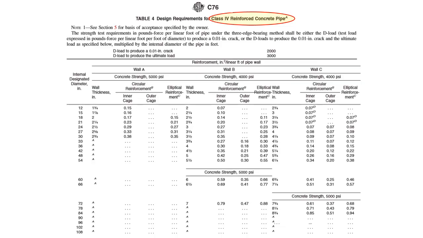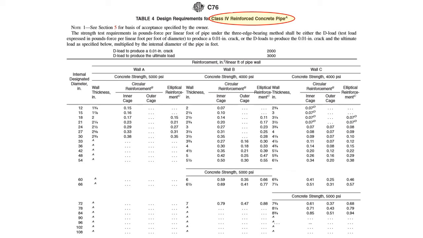All reinforced concrete pipe is designed based on how much load it can carry. If we look at C76 Class 4, you will understand that this specification tells us, as manufacturers, how to build a reinforced concrete pipe to carry specific loads.